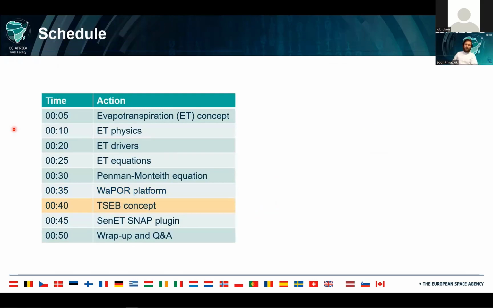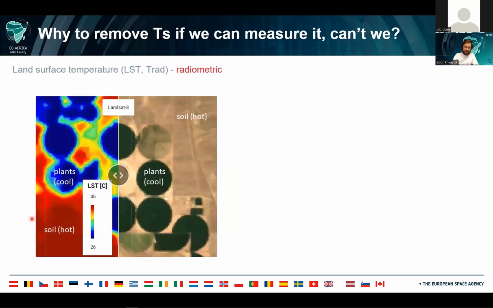And now we go to another concept, the two-source energy balance concept that is currently implemented in the Sen-ET plugin for SNAP that you have had a webinar about already. The case is that surface temperature we cannot measure exactly, but what we can measure is land surface temperature, which sounds the same, but it's not the same.